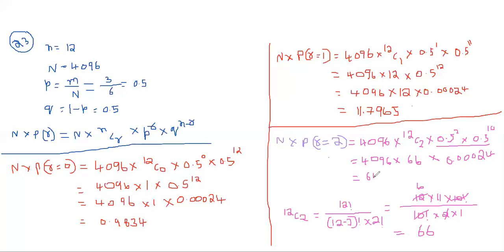Please check once again. 4096 into 66 into 0.00024, 64.88 will be the answer.